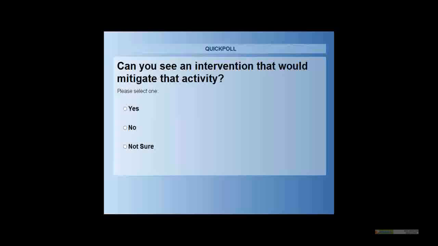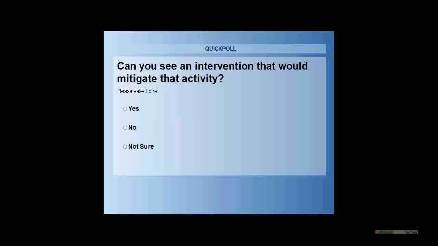All right, we have about half of the votes in. Again, let us know: can you see something you can do right now to improve or offset or mitigate the activity that is being the barrier to productivity? All right, looks like we have about three quarters in, about five more seconds.